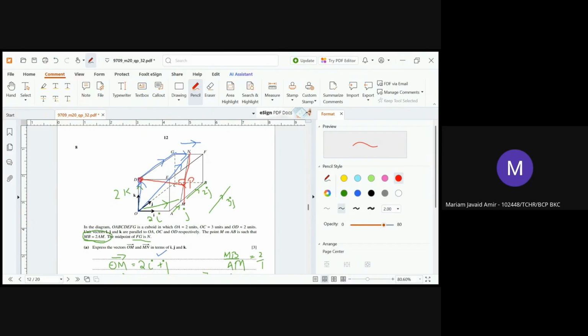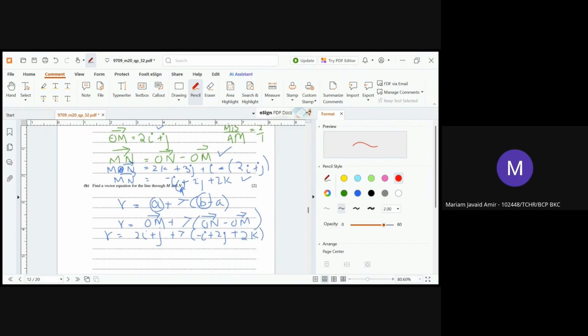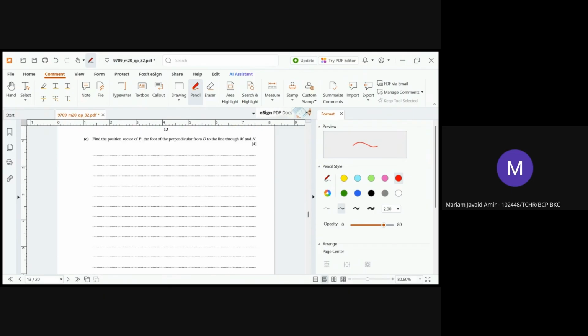Let me draw this again here. So we have D, then the vector MN, and then the foot of perpendicular P. Okay, now we already have the vector equation for the line MN.